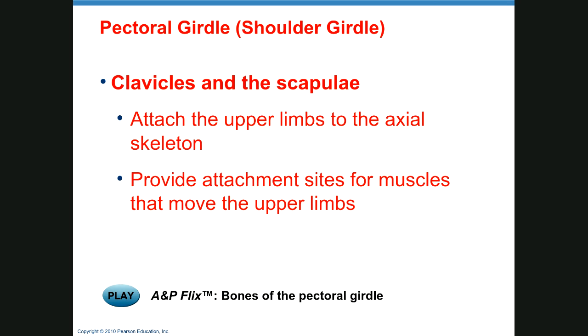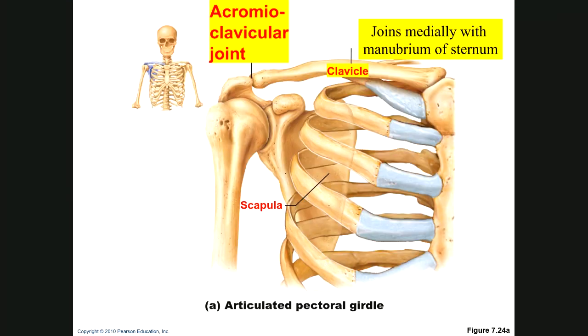So the clavicle is called the collarbone, and the scapula is called the shoulder blade. All right, and here you can see the attachment of the clavicle and the scapula with the ribs.